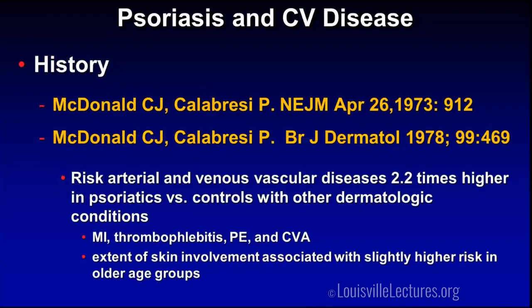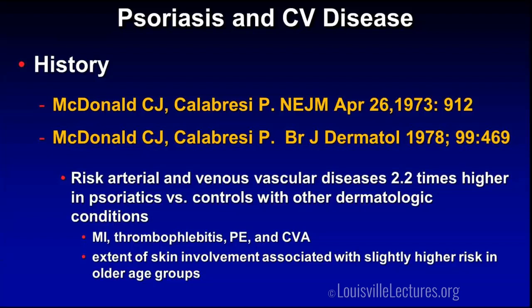Clues that psoriasis may be associated with an increased risk of cardiovascular disease date back to the 1970s, when Drs. McDonald and Calabrese showed that the risk of arterial and venous vascular diseases was more than twice as high in psoriasis patients compared to patients who had other chronic dermatologic conditions.